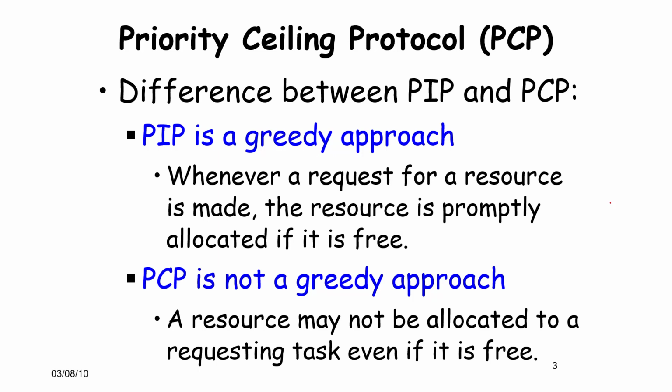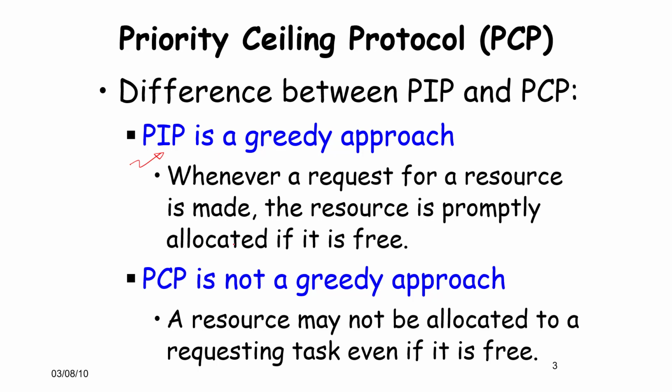Furthermore, PCP is an improvement over PIP as well. Recall that PIP was a greedy approach. Even HLP was a greedy approach, which basically meant if a resource is free, it is given that resource. The idea was that you never deliberately delay a request when the resource is free.